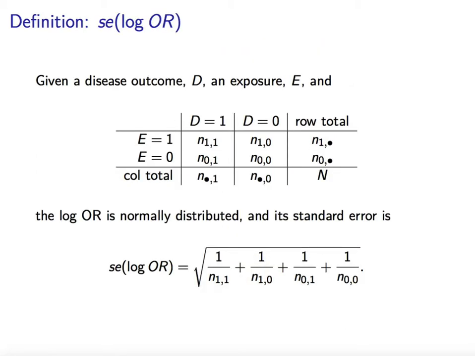So as with other measures, a confidence interval gives us a much better idea of the statistical significance of our estimated odds ratio. It gives us a better idea of how variable our data are and how accurate our estimate is.